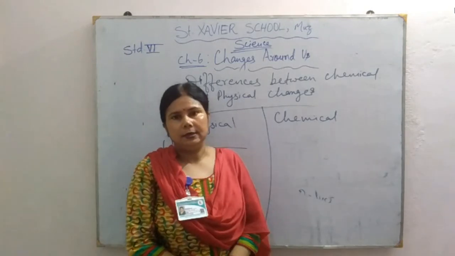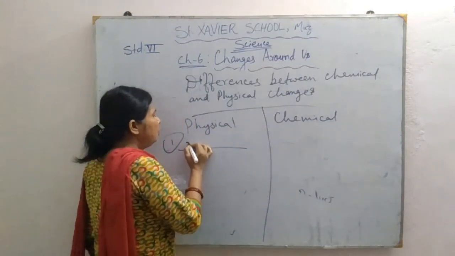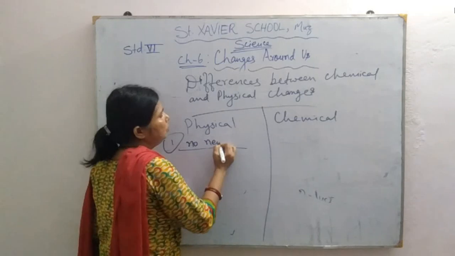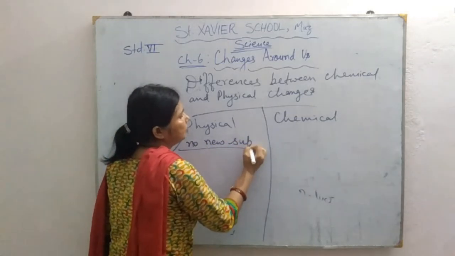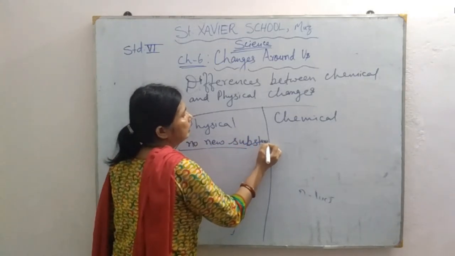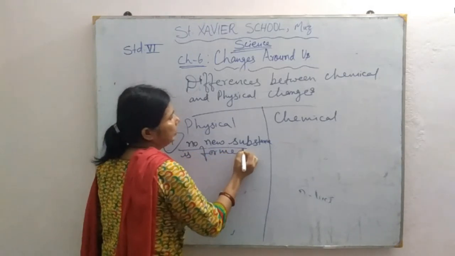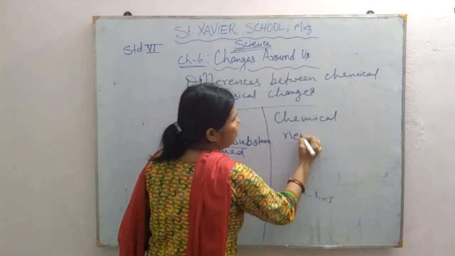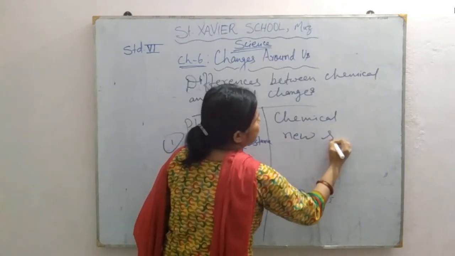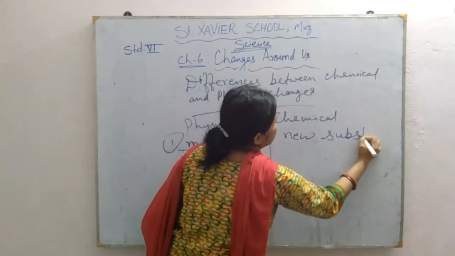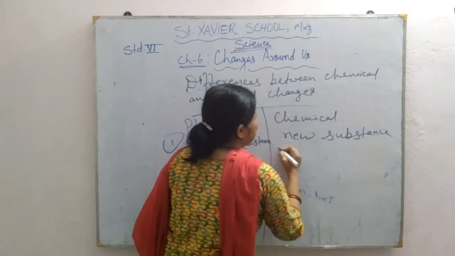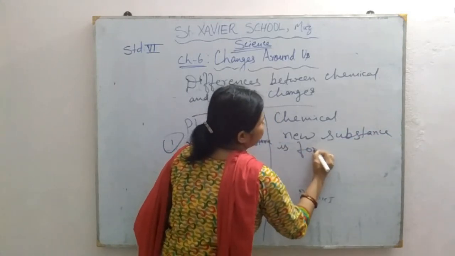Physical change: in this change, no new substance is formed. In chemical changes, a new substance is formed.